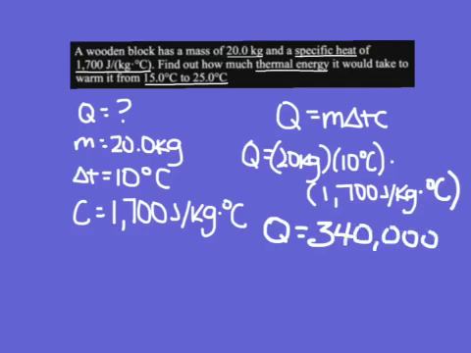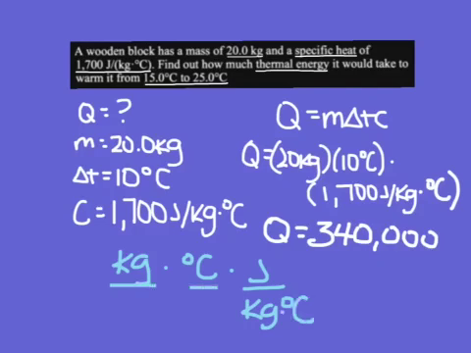And now we're going to try to figure out the unit, because there are so many units in here. So we'll do kg times degrees Celsius times joules per kg times degrees Celsius.